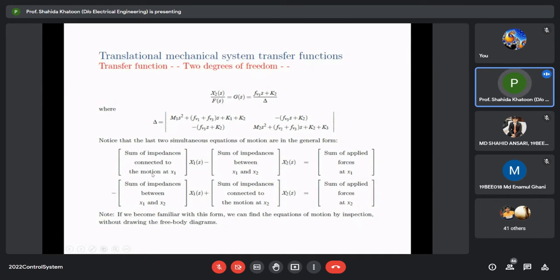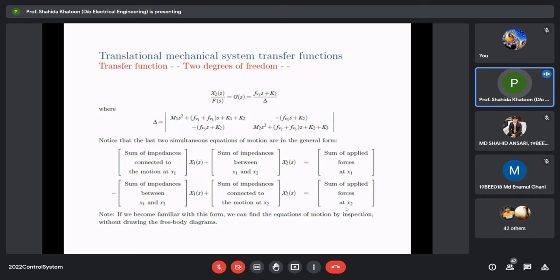Sum of impedances connected to motion at x1 into X1(s), minus sum of impedances between x1 and x2 into X2(s), equals the sum of applied forces at x1. Similarly, minus sum of impedances between x1 and x2 into X1(s), plus sum of impedances connected to motion at x2 into X2(s), gives the sum of applied forces at x2.